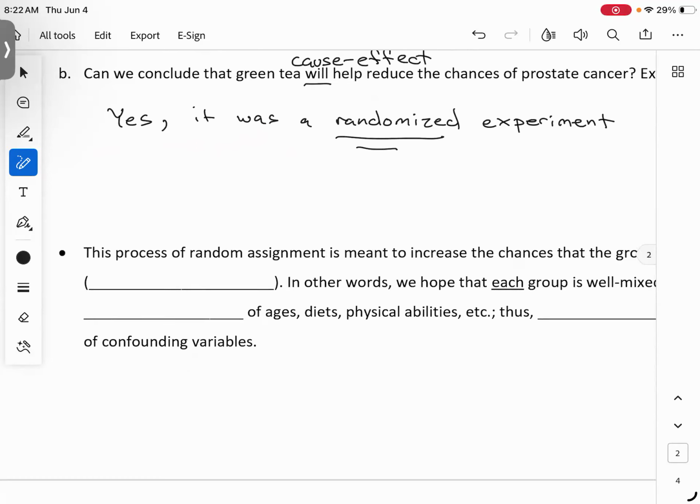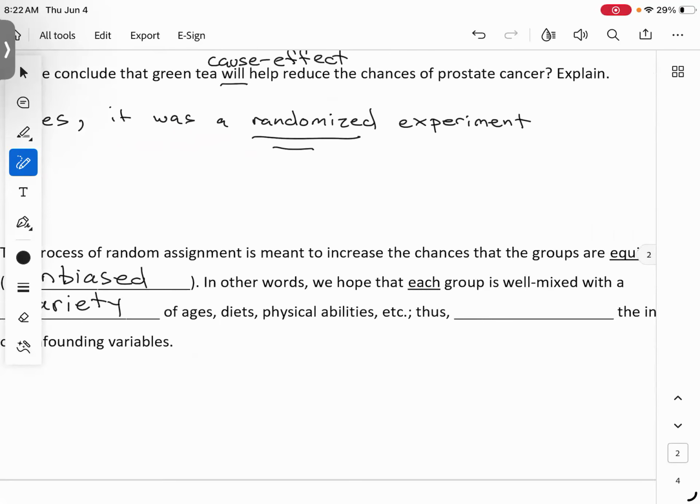And so that's why this study had so much power to it, because of it being unbiased. Again, they didn't cherry pick who's going to be in what group. They just said, hey, we're randomly going to split you guys up so that there is more of a variety in the two groups.